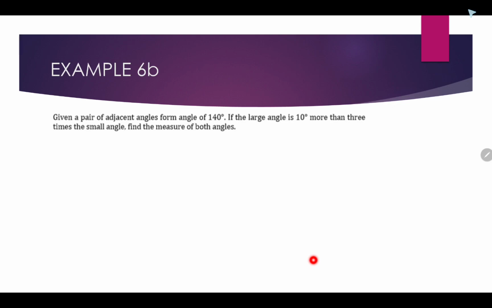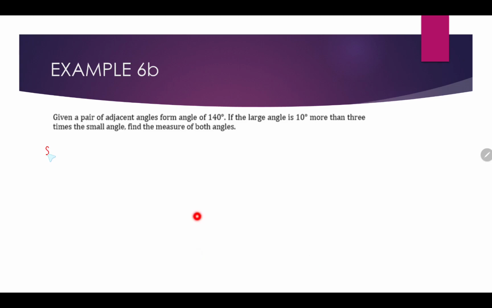Kita ada dua angle. Okay, where both angles are adjacent. Sebelah-sebelah lah kiranya, adjacent sebelah-sebelah, dan dia form angle 140. So kita ada large angle and the small angle.